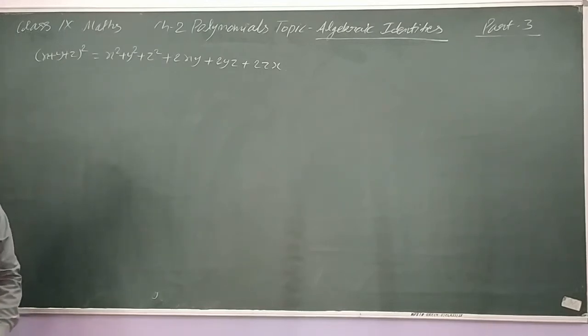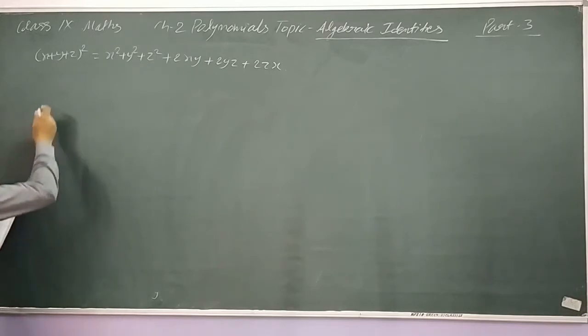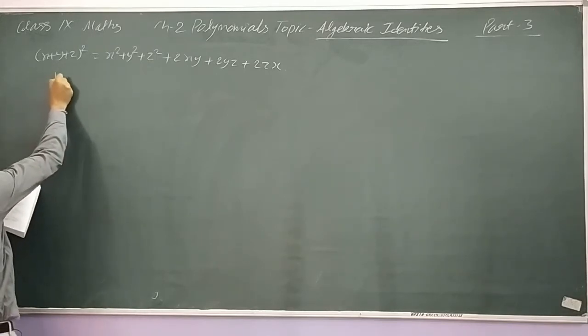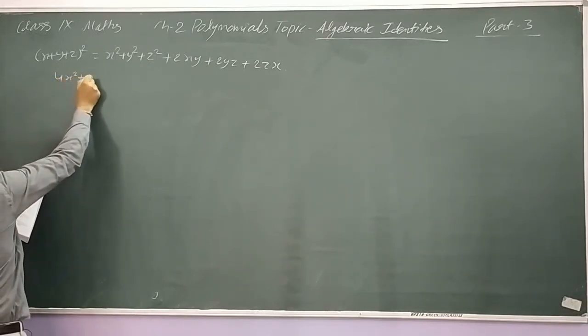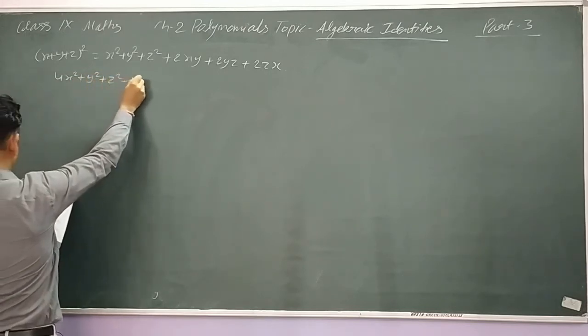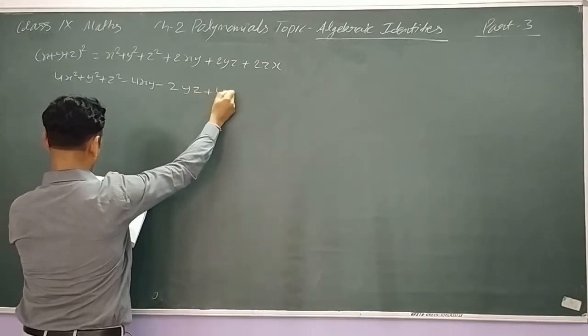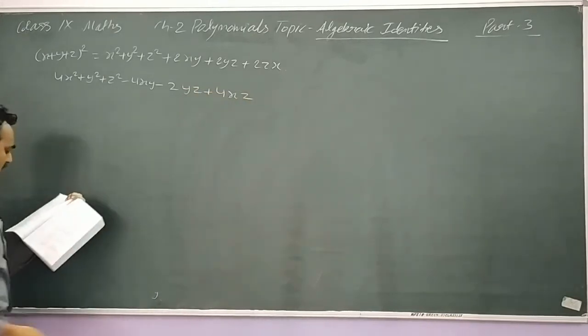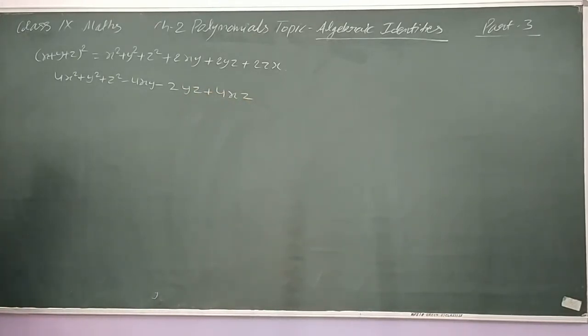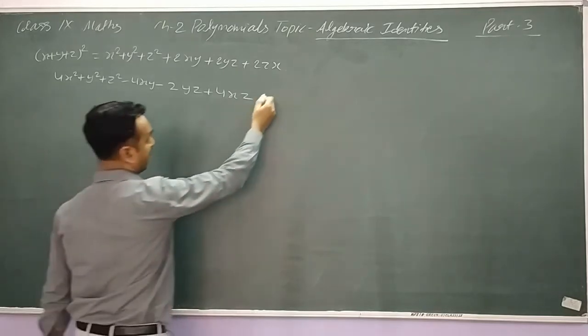Let's take an example: 4x square plus y square plus z square minus 4xy minus 2yz plus 4xz. We have to factorize this expanded form.